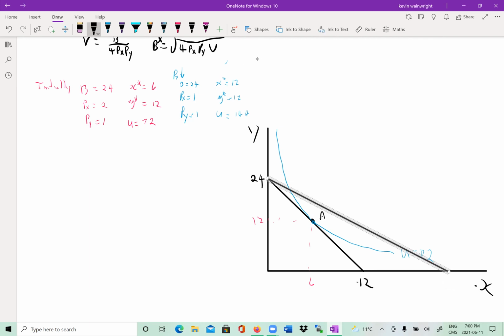Okay. So the budget line rotates out as the price of X falls. If I spend all my money on X, I can now buy 24 instead of 12. Now, as it turns out, X and Y are independent, so the price of Y never fell.